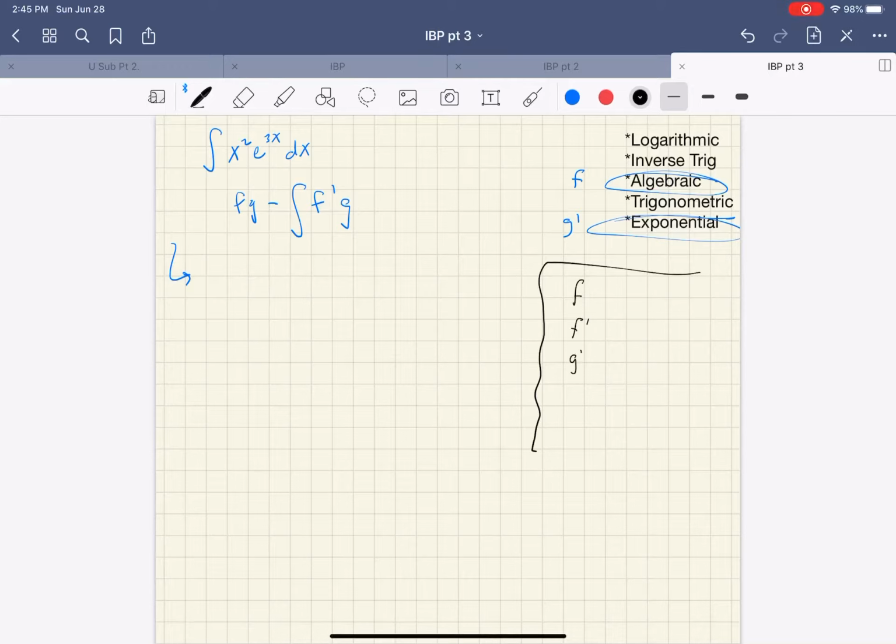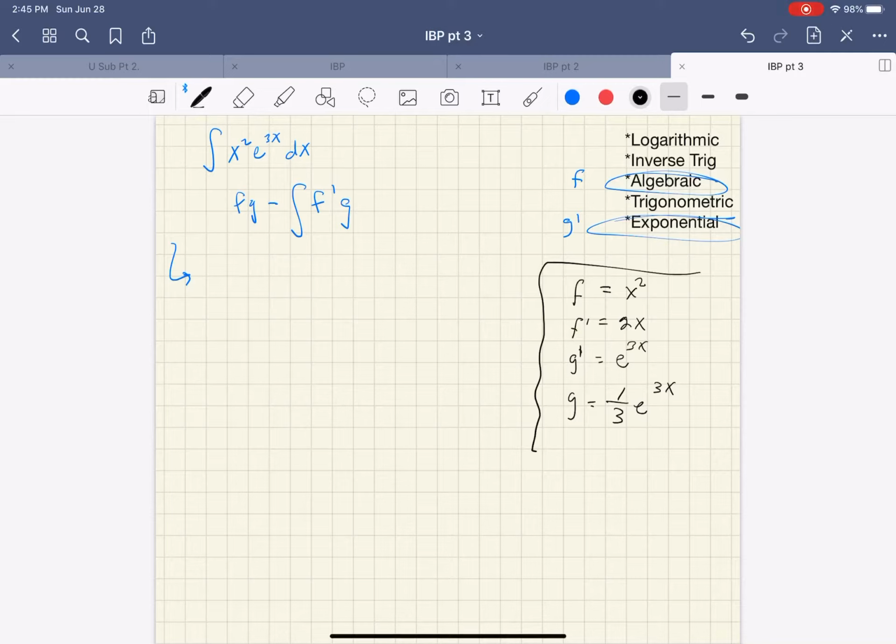Do you guys see how I'm just doing that? We have our original f function, and then you take the derivative of that, which is just 2x. And then we have g prime, which is e to 3x. And then in order to go from g prime to g, we have to take the integral. So that's going to be 1/3 e to the 3x. And that just comes from our power integration rules that we've gone over in the past.